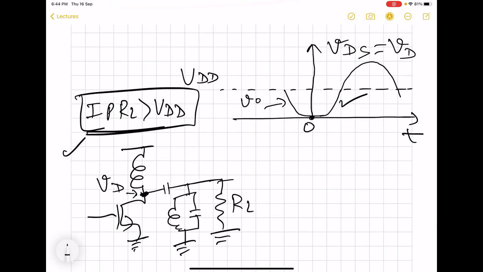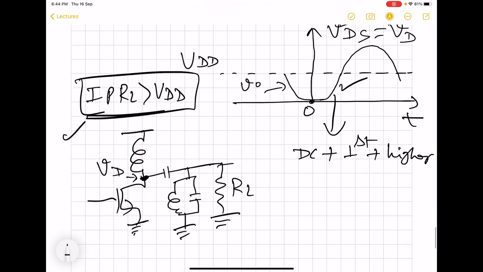So this waveform will have various components. It will have DC and it will have the first harmonic or the fundamental and then higher ones. So what we do here is, this fundamental is the signal which we want to flow through the load, and we calculate the RF power or the load power for this fundamental one.